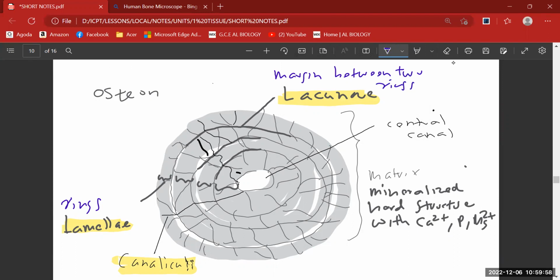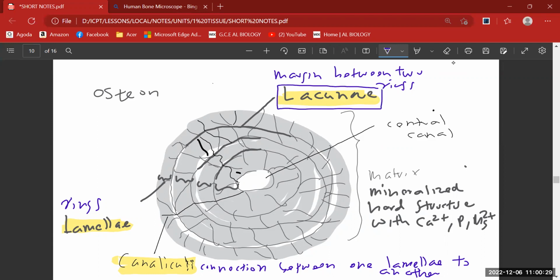Canaliculi are the connection from one lamella to another. We're going to learn this again in the future, but this is just some idea of the bones: lacunae, lamellae, and canaliculi.